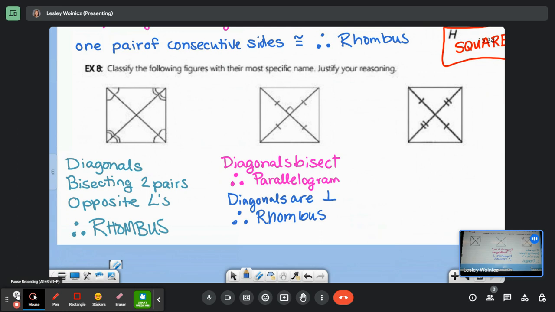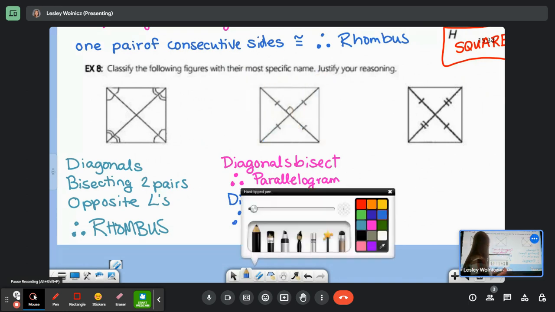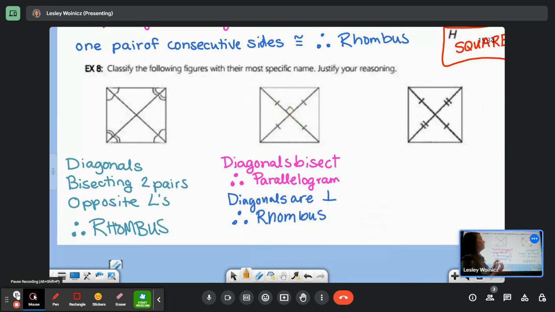What else do we know? Okay, so look, do I have two ticks here? No. Okay, so what do I know about this diagonal and this diagonal? If the diagonals are congruent, then this is a rectangle. Ultimately, it will be a square because it's a rhombus too.